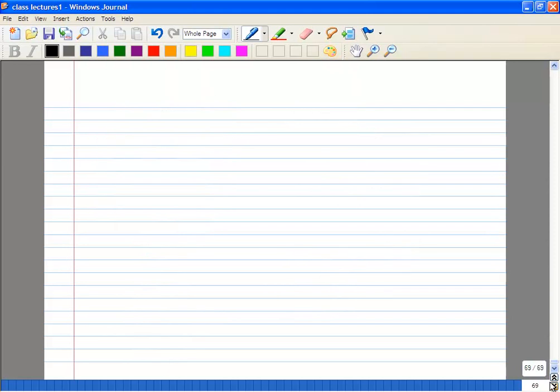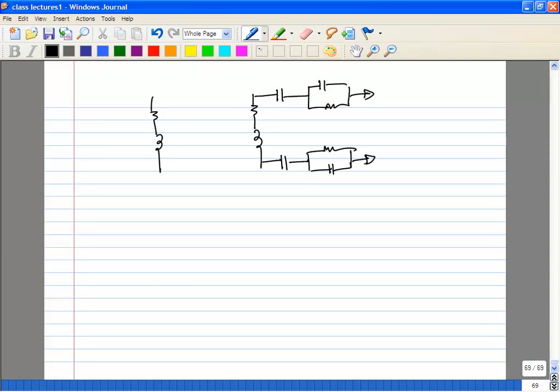Okay. And what is your transformer equivalent circuit? Of course, you'll have your series resistance on either side, and you'll have the same thing on this side.